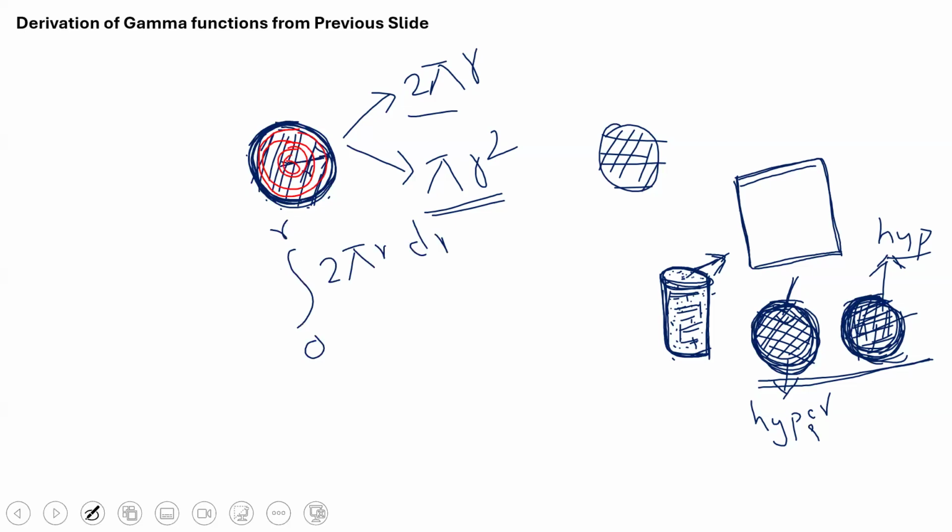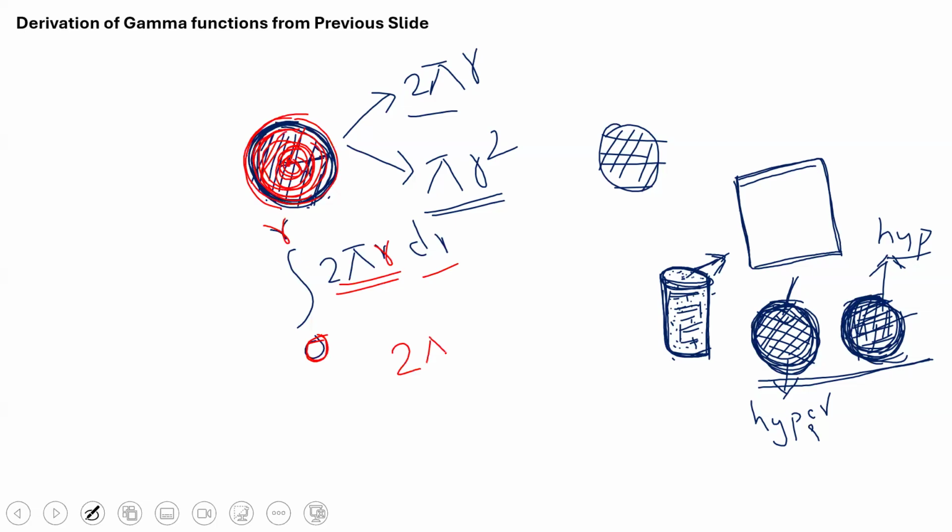When you combine all of these lengths together, it forms the area inside it. So the outer circle, which is 2 pi r, goes from 0 to r. All these circles start from 0, going 1, 2, 3, 4 up to r. So it goes from 0 to r, 2 pi r dr. If you integrate that, you will get the area under this.